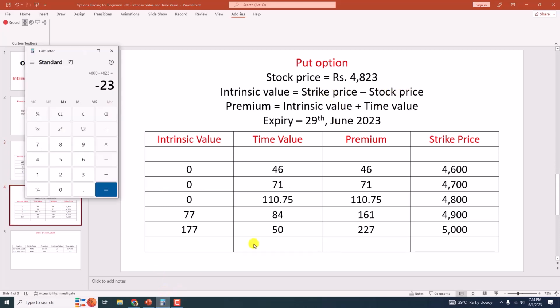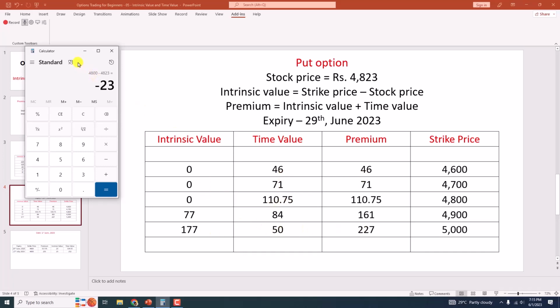Let me calculate for one and show you. 4800 is the strike price. So 4800 minus the stock price of 4823 gives us minus 23. Minus cannot be an intrinsic value, so everything is time value. Similarly, I have calculated all these values. You can do it too.